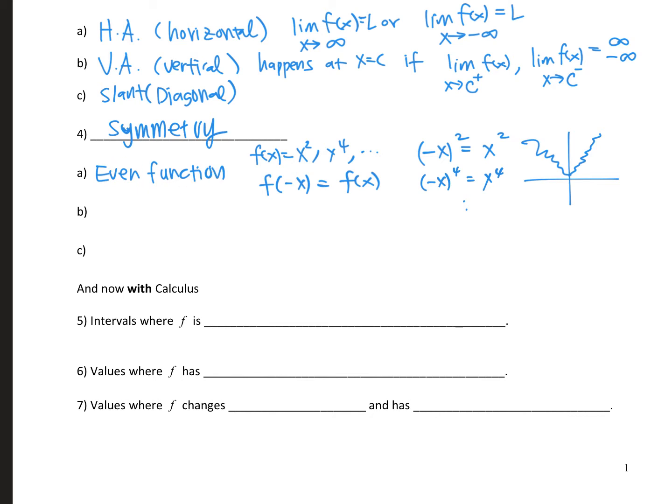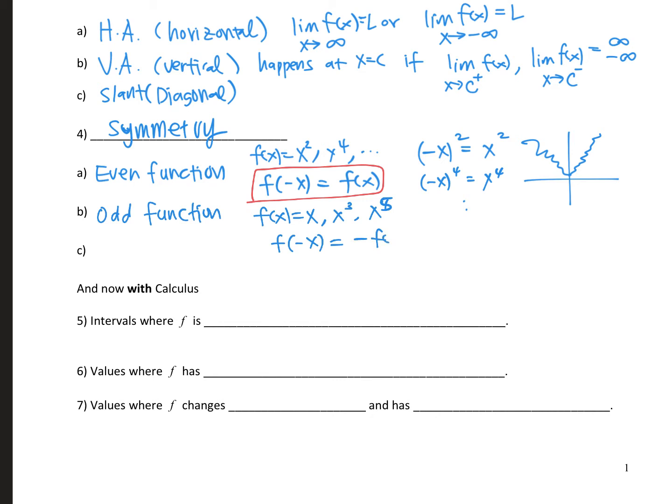It's an even function. An odd function has a different type of symmetry. For example, f of x is x, or x to the third power, or x to the fifth power. The property is f of negative x is equal to negative f of x.